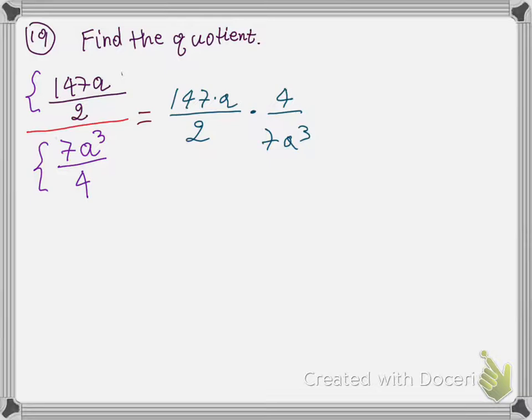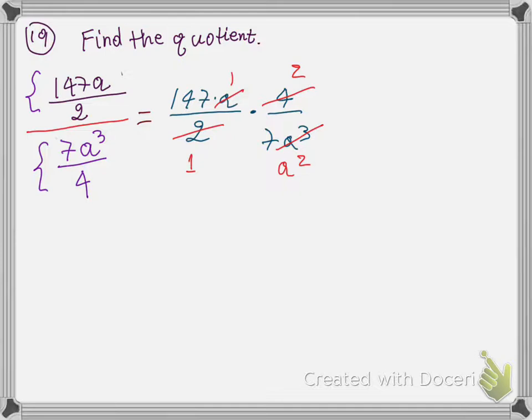We can simplify 4 and 2 into 1 and 2, because 4 is 2 times 2, so we take one of the 2's out. A and a squared will give us a squared in the denominator and 1 in the numerator. 7 goes into 147, 21.